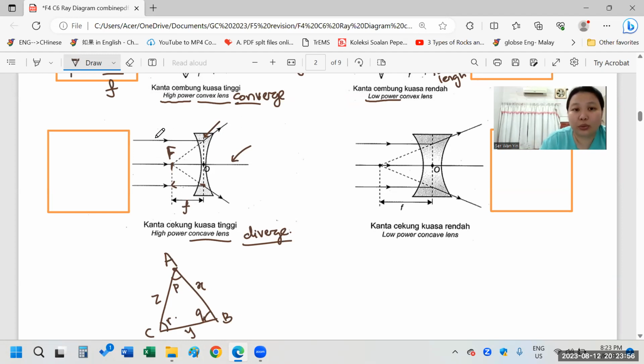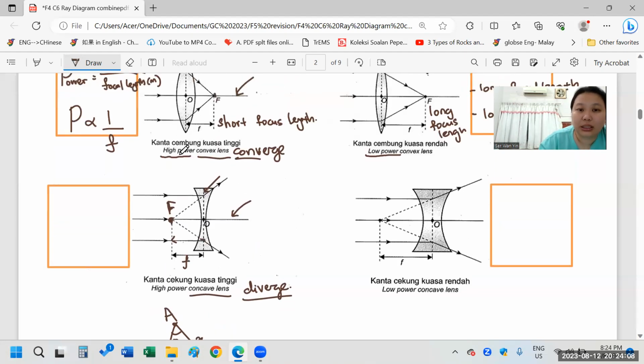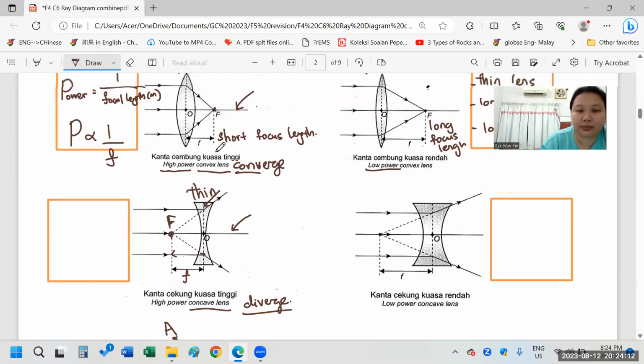So again, now we will use this point as the reference point and then diverge out the line. Okay, the same thing as here. This is a thin lens. Okay, sorry, not the same thing. Now it's different.